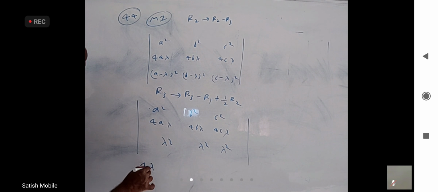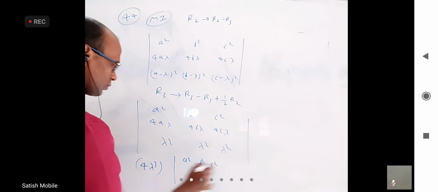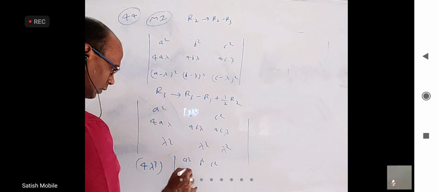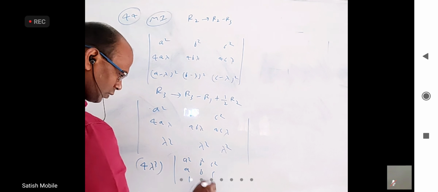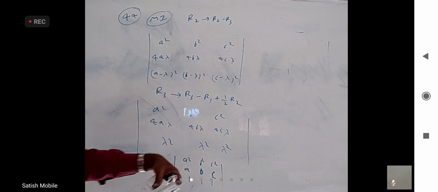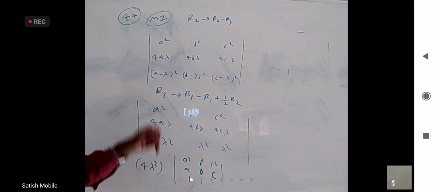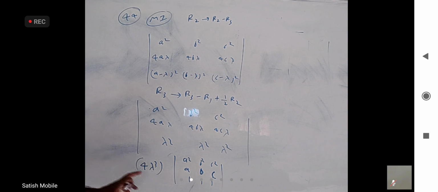You will get 4 lambda cube. I will get A square, B square, C square, A, B, C, 1, 1. So that 4 lambda cube is k lambda, so k is 4 lambda square. Is it okay?